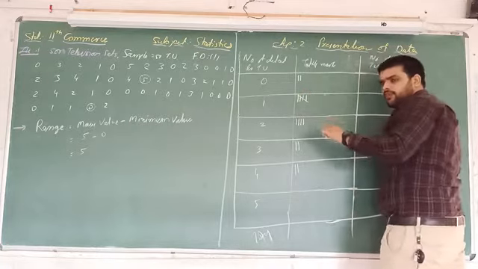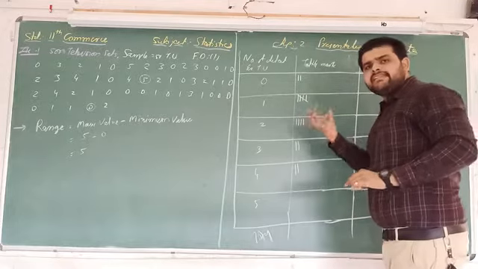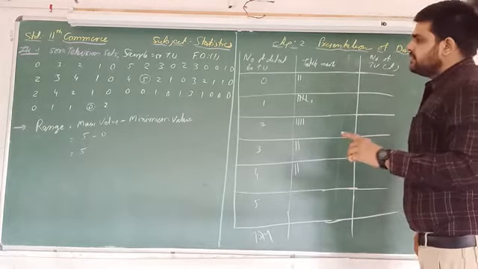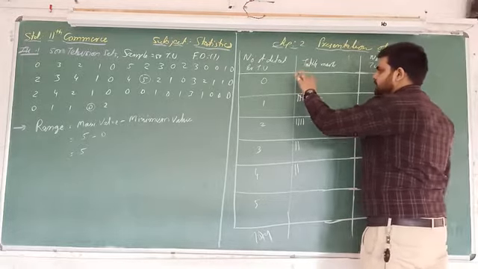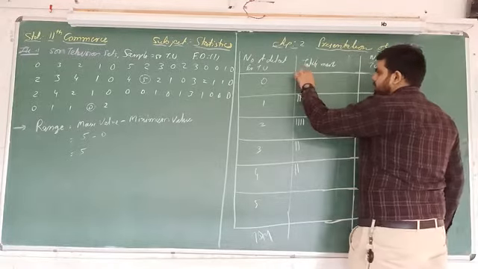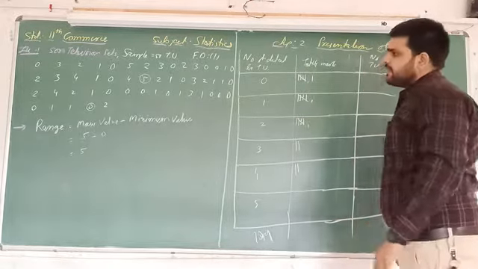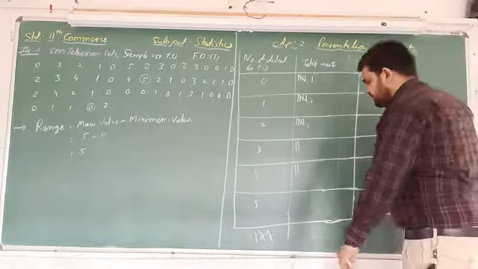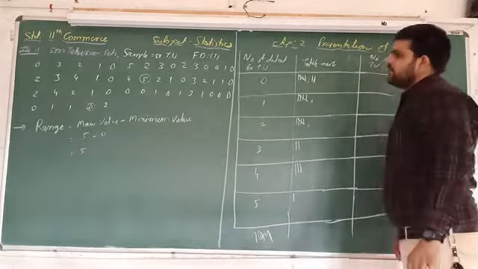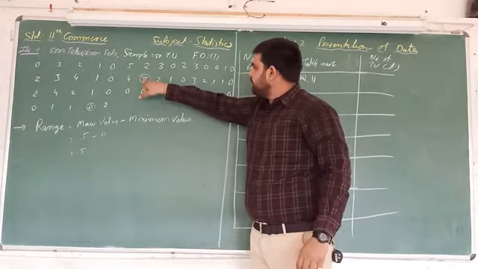Then 1, 1, 1, then 0. Thereafter 0, 0, 0, 2. Thereafter 5, 4, 0. Then 5, 2, 5, 0.